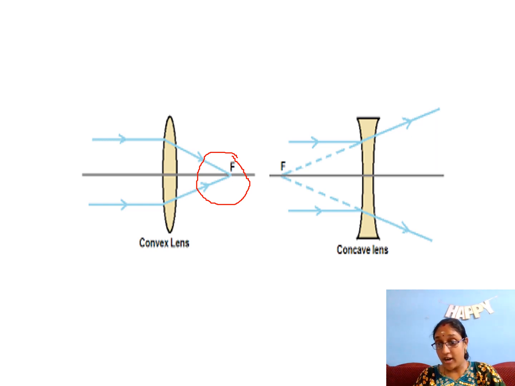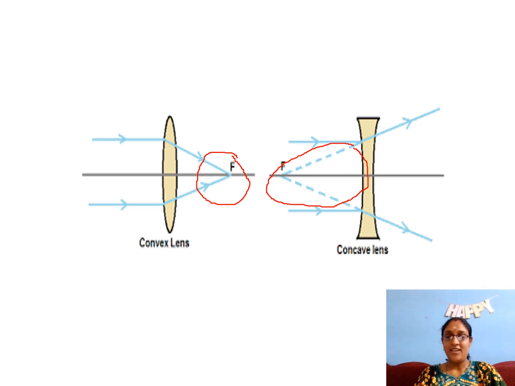Here, can you see in concave? Concave is actually diverging. The two rays don't meet together, they only appear to meet. Can you see the dotted lines? The dotted lines mean they appear to meet actually, but they don't meet.